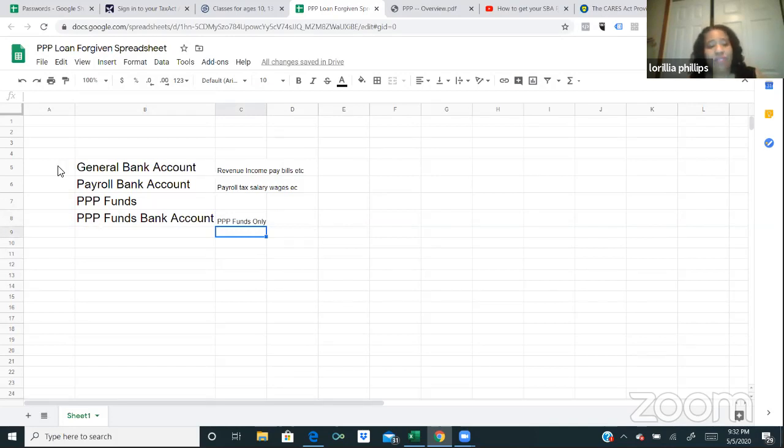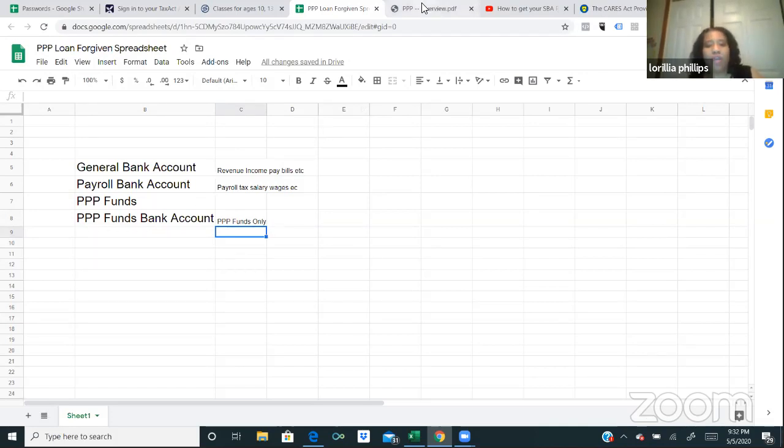So if you had the money deposited into the general bank account, because a lot of times that money is going to come from a wire, you want to automatically have it transferred to your newly formed PPP funds bank account. Why do you want to do that? Because your ability to get your funds forgiven is based on how well you do the accounting.